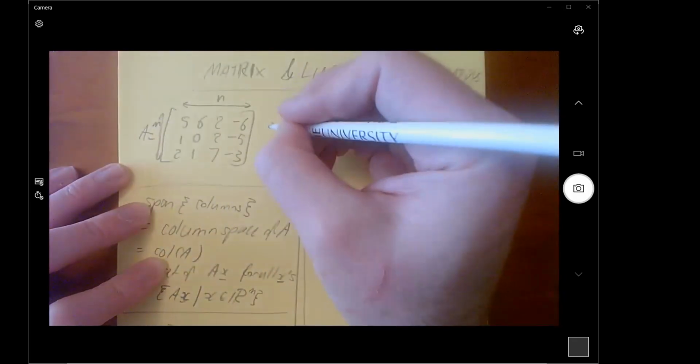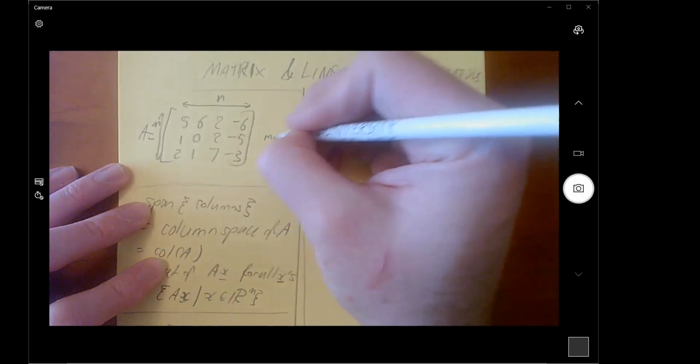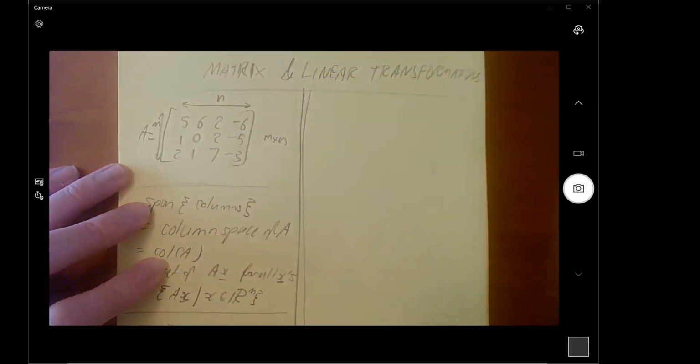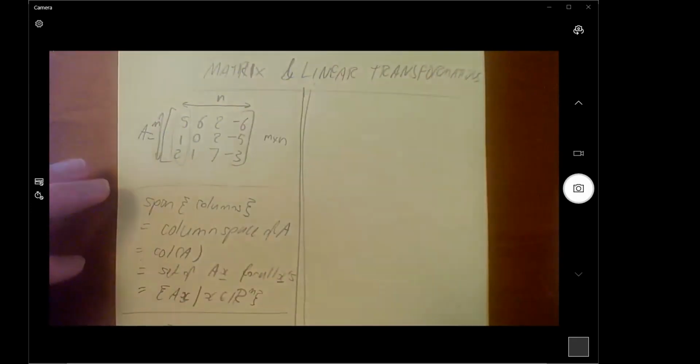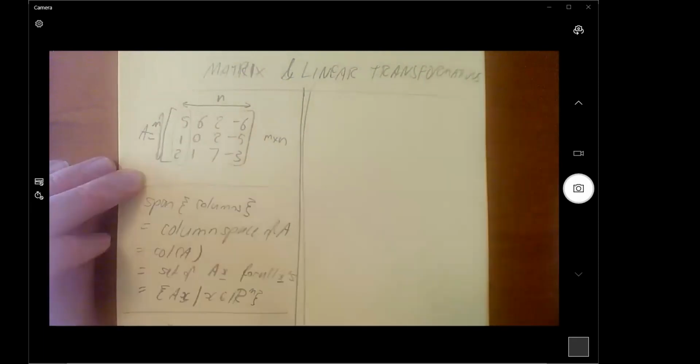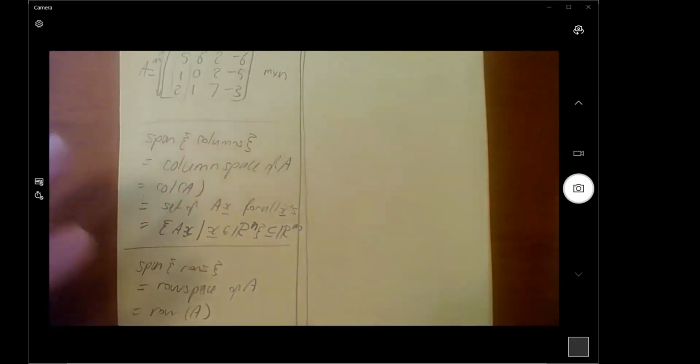Okay, so if this is M this way and N this way, so it's an M by N matrix, then the column space is made of these vectors, and those vectors have M coordinates. And this is something that's made of vectors that are in Rm.